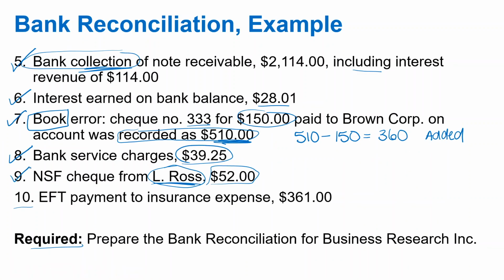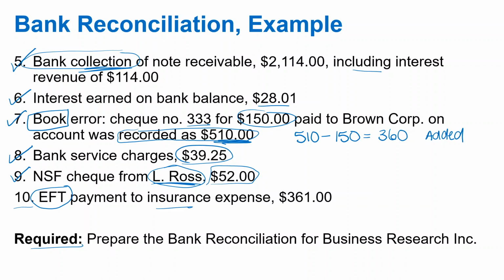Okay, the last item is an EFT payment to insurance expense. So we've clearly got set up for this electronic funds transfer to auto withdraw the insurance payment from our account every month. So they took the amount out for $361, but it's not been recorded in the books yet.